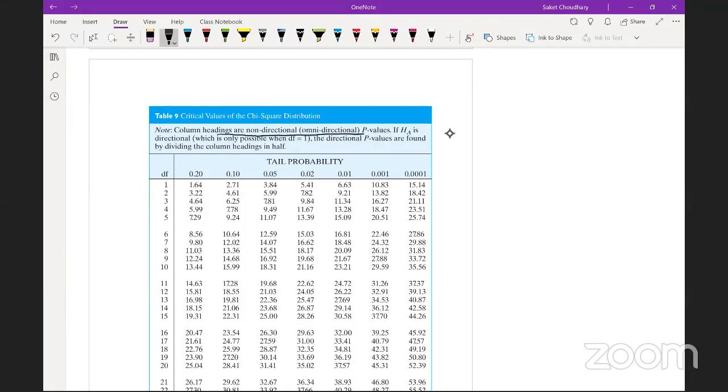And if it's directional, then the p-values are found by dividing the column headings in half. So our degrees of freedom are 11, and our chi-square statistic is 17.192. So it's going to occur between these two values. So our two-sided p is going to be 0.2 to 0.1.